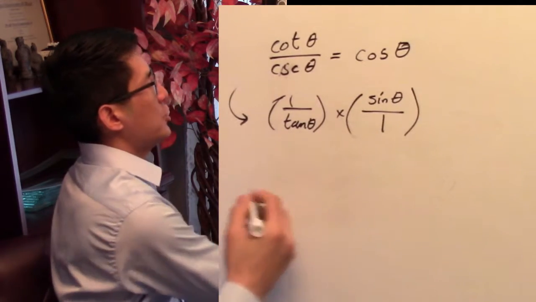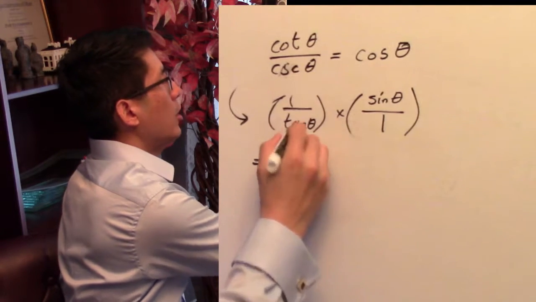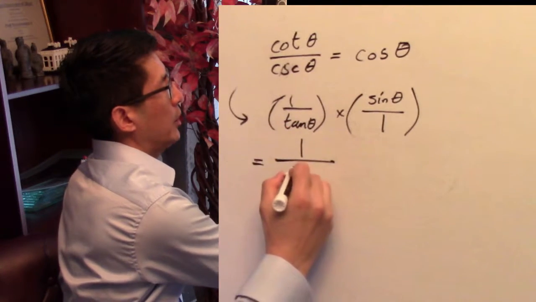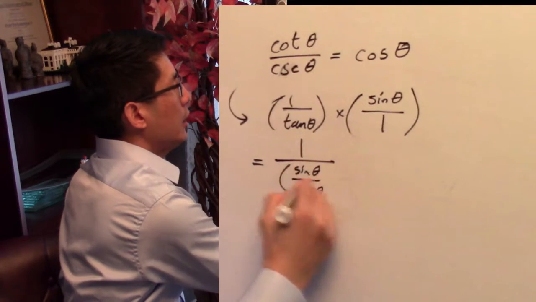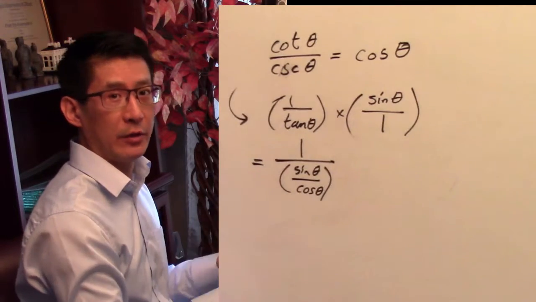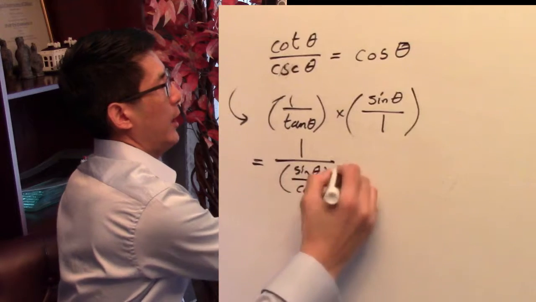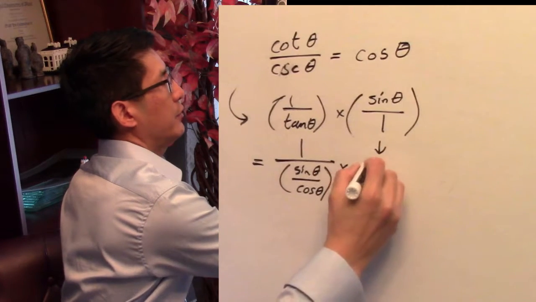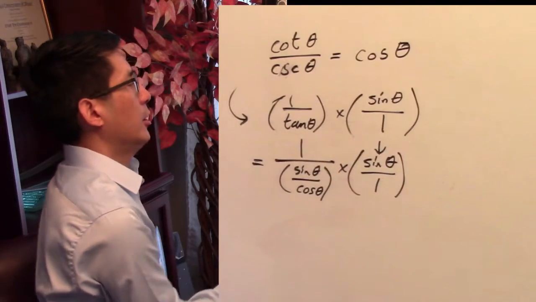But we also remember that tan is the same thing as sine over cos. So we have 1 over all this stuff, and tan now becomes sine over cos. Even if it's not clear at this point where we're going, remember, always simplify everything down to sine and cos, and stuff will start to cancel out. Of course, it's all of this stuff here, which became that, times this thing here, which is sine over 1. So far we haven't changed that part.